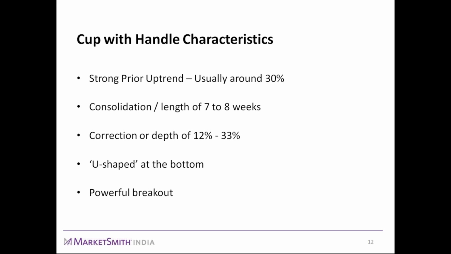So these people with less conviction move out of the stock, and the institutional investors, or the people with high conviction about the stock's growth prospects, start moving into the stock. With stronger hands coming in, their tendency to sell would be lower. That's why we want to see ideally at least 7 to 8 weeks for this cup and handle pattern. Even if it's slightly more, like 10 to 12 weeks, it's quite fine.